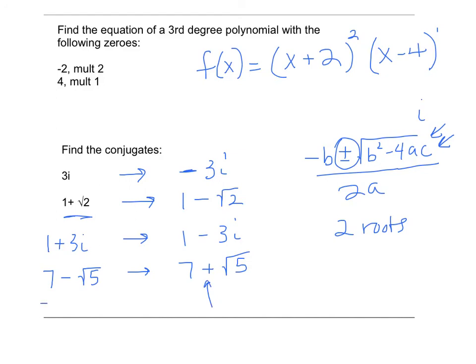If I had -5 plus 2 square root of 3, the conjugate would be -5 minus 2 square root of 3. It's always that middle sign that changes, and that's because the plus or minus goes between and not on the outside. So finding the conjugates is pretty easy, and we'll have some assignments in class for you to practice these problems. See you then.